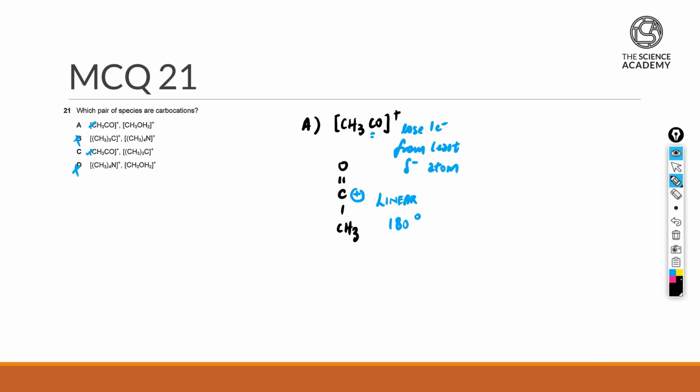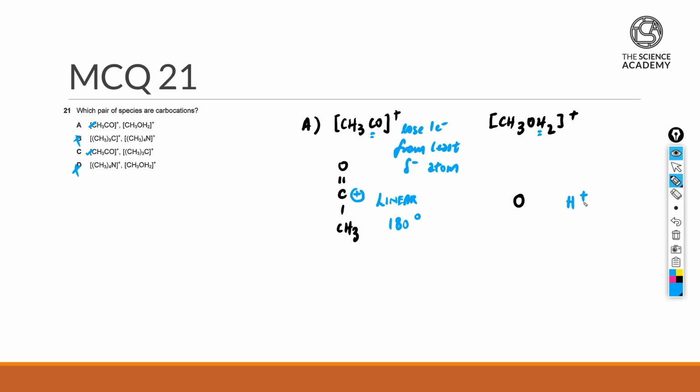Now the other member in the pair here is going to be a CH3OH2 with a plus. This time around, oxygen would have been the central atom, and the element that has to lose the electron is going to be that for hydrogen. So we will have a H plus instead.